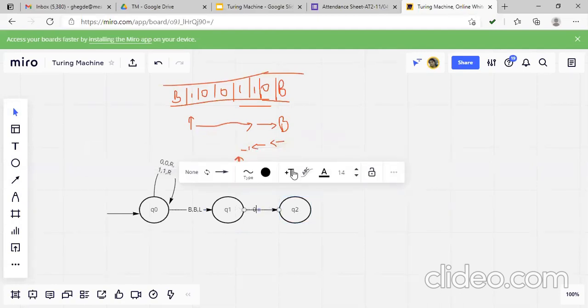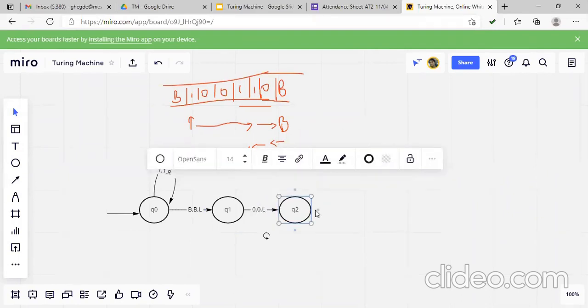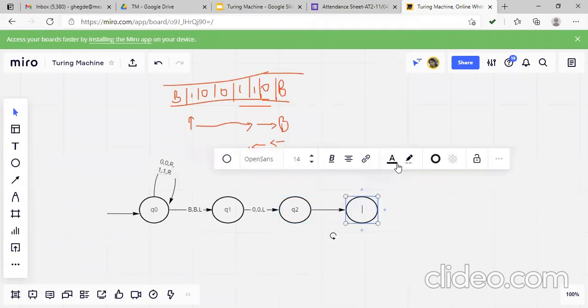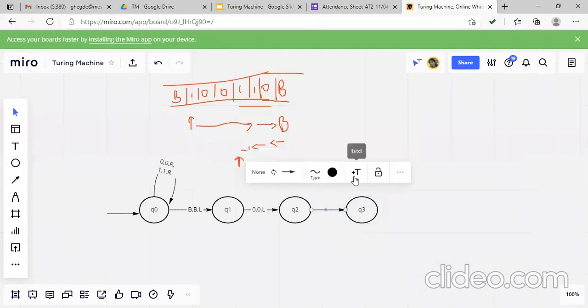Keep that 0 as it is and move left. खत्म. Move left. क्या मिलना चाहिए? Yes, we should get a 1. Keep it as it is. Move left.